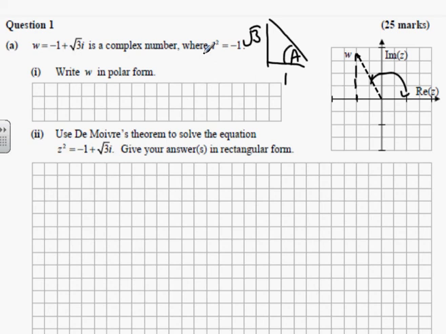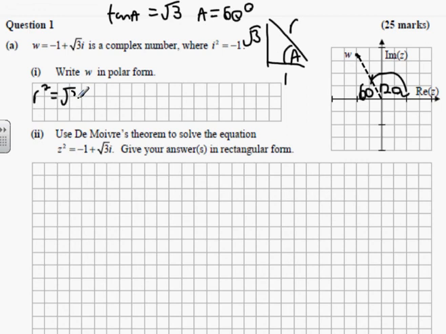That's angle A. It's tan A equals root 3. Inverse that, you're going to get A equals 60 degrees. So because this here is 60 degrees, we now know that the angle going to there is 120. Are we happy with that? 120. Next, you use Pythagoras' theorem to find the r value, or the modulus value. R squared equals root 3 squared plus 1 squared. R squared equals 4. R equals 2. Okay, so R is going to get you 2.